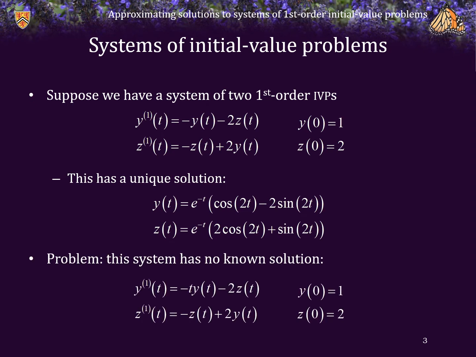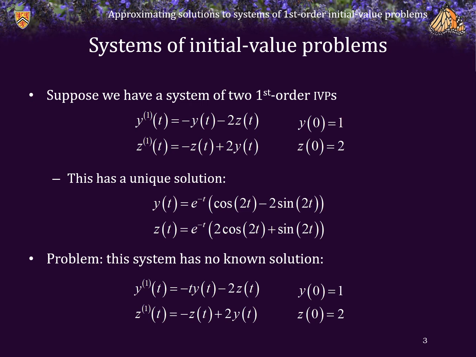Unfortunately, all I have to do is multiply the first term of the first equation by t. So now I have a second system of two first-order initial value problems. However, there is no known analytic solution to this particular system of initial value problems.